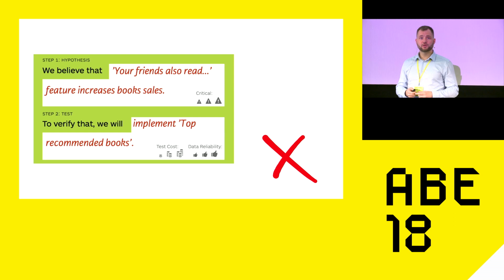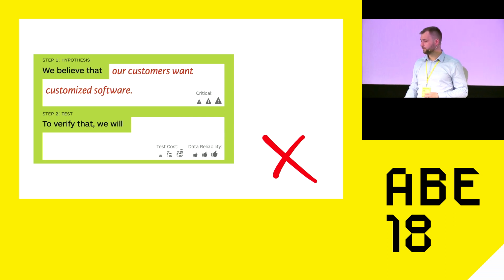The second problem is very often seen on another product. We believe that our customers want customized software. Quite a nice hypothesis. So we are producing software, but we think that just configuration of it is maybe not enough. Maybe we need to add something more for our customers.